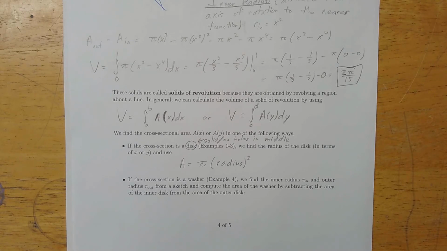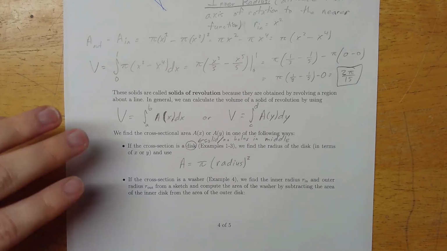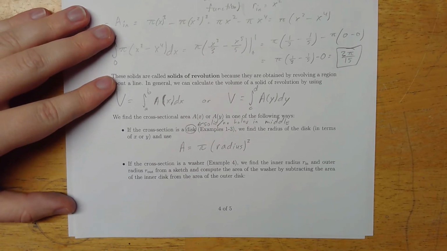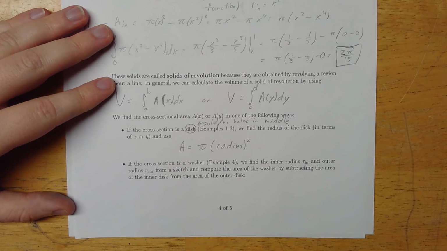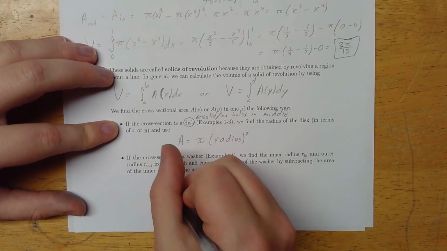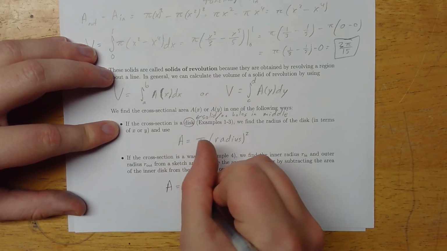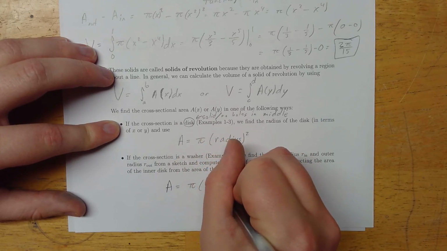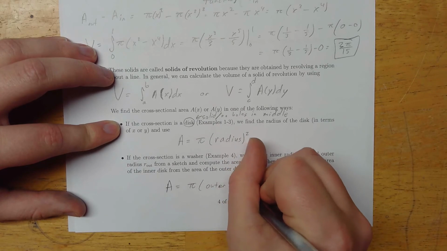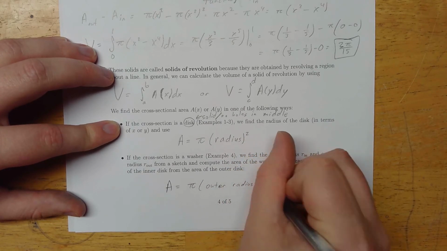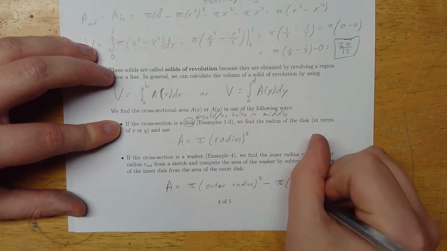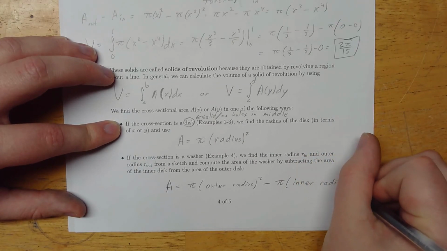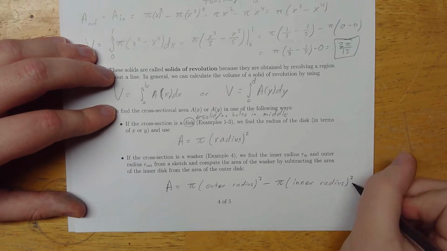So we want to compute the area by subtracting the area of the inner disk from the area of the outer disk. And how we do this is we get our total area by finding pi times the outer radius squared minus pi times the inner radius squared.